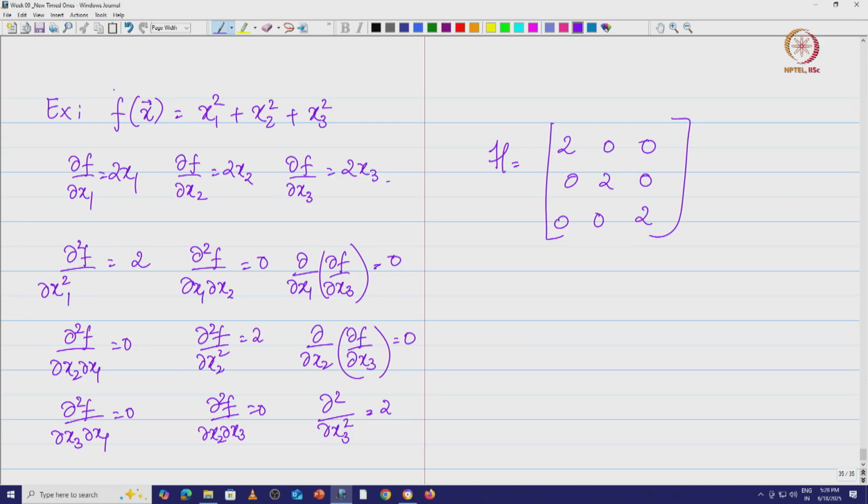In this week, what we have done is we have looked at the calculus ideas. We started with derivatives. We looked at the higher order derivatives. We looked at the Taylor series expansion, which involves derivatives of a function at a particular point. Maclaurin series we saw.